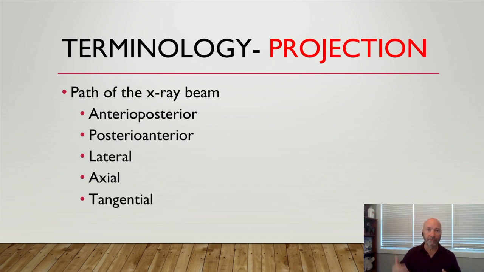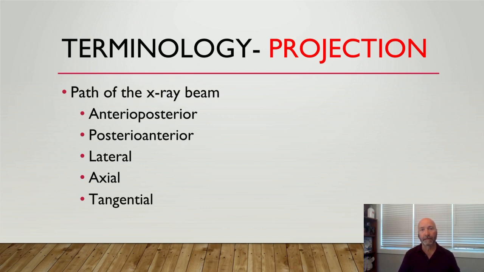If we were going the opposite direction, the X-ray machine was behind the patient, and the X-ray was striking the posterior portion of the patient and then exiting the anterior portion, that would be a posterior-anterior projection. As opposed to a lateral projection would be where the patient is turned to the side. So really the lateral refers to both a position and a projection.